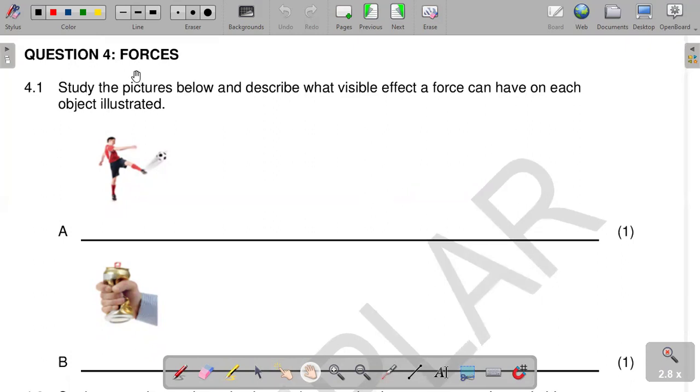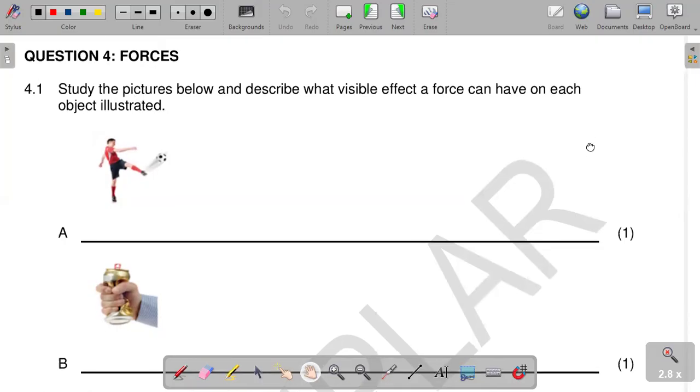So we're still doing forces, contact and non-contact forces. Today's lesson we're going to do question 4.